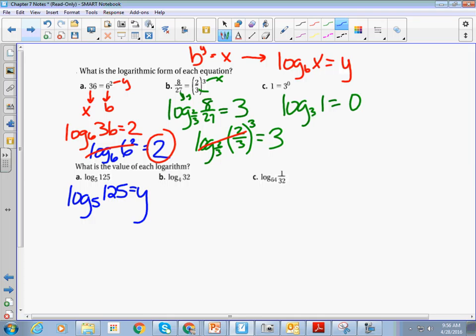Convert it back to exponents. So 5 is the base, y is the exponent, and 125 is the answer. So 5 to the what power is 125? No, it's not squared, right? So 5 times 5 is 25 times 5. So y would have to equal 3. So the log base 5 of 125 is 3.